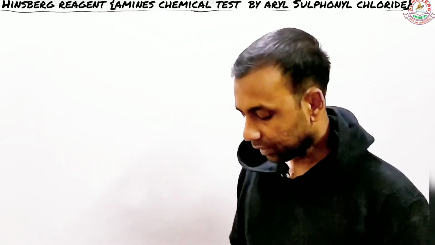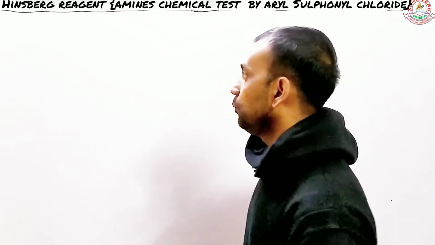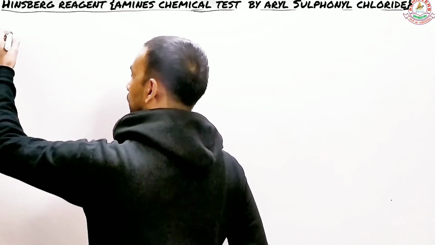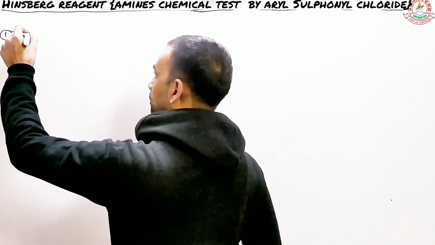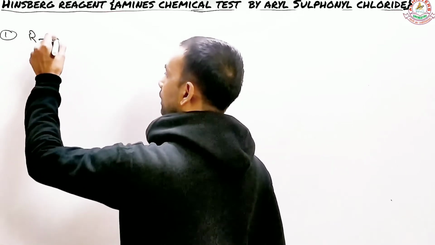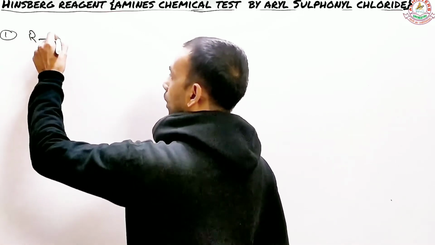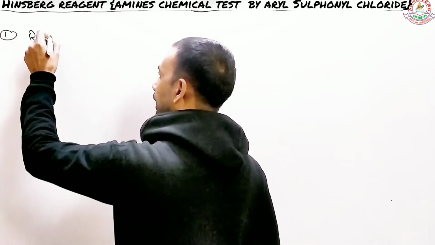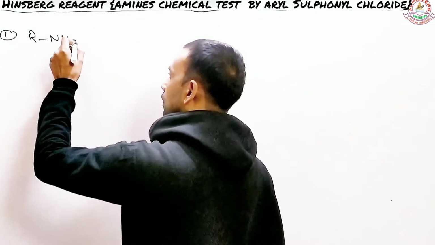Now, in order to get through that, we start with the first one, which is a primary amine. This is your primary amine, RNH2.